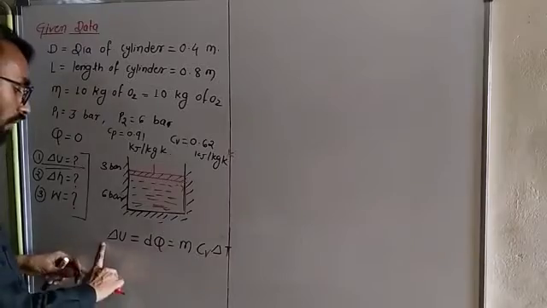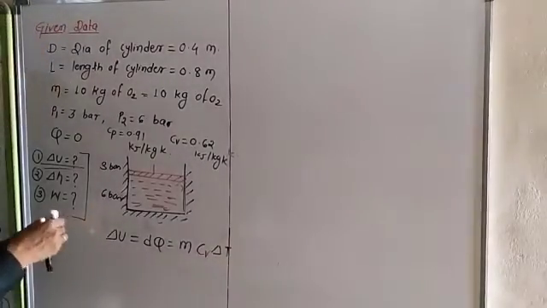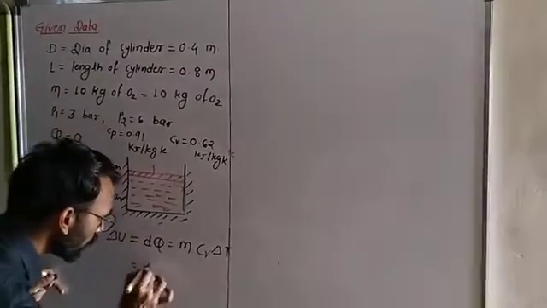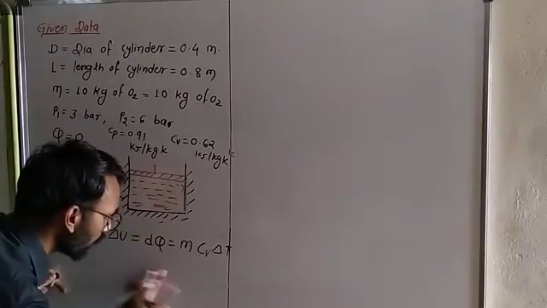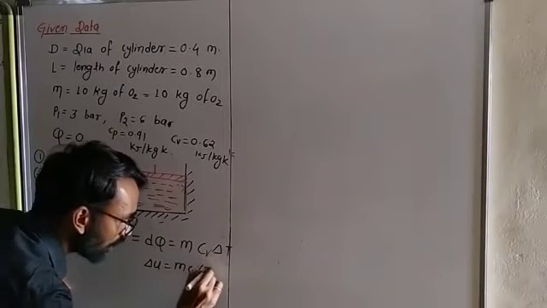So we can calculate the internal energy from the formula m Cv delta T, that is delta U is equal to m Cv (T2 minus T1).